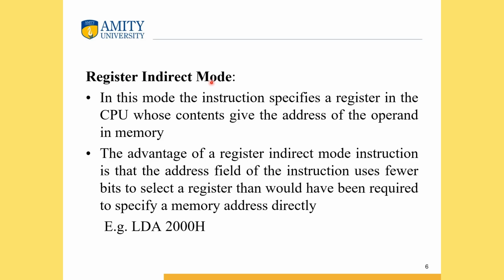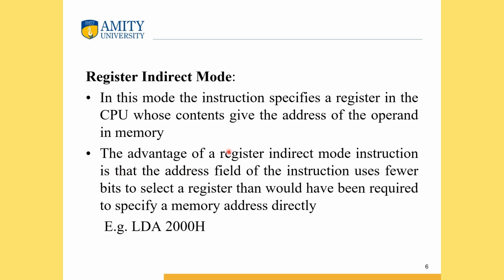The register indirect mode. In this mode, the instruction specifies a register in the CPU, and then that register gives the address of the operand in the memory. So this is like the indirect mode, since it's mentioned, but it uses a register. So the CPU has a register that is pointing to an address in the memory where we can find the operand.